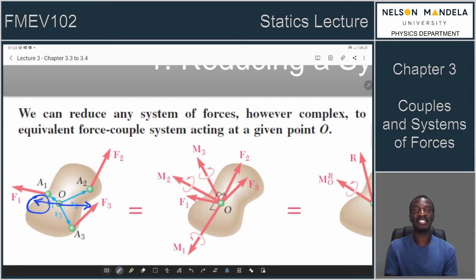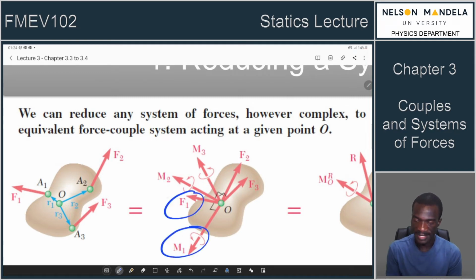As we can see, this couple will rotate the system in the anti-clockwise direction. So we have our first force and its couple, a force-couple system, F1 and M1. That is what we have there.